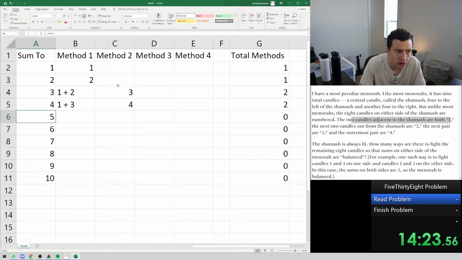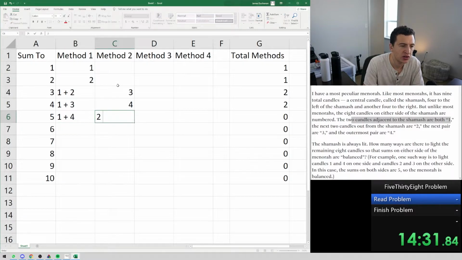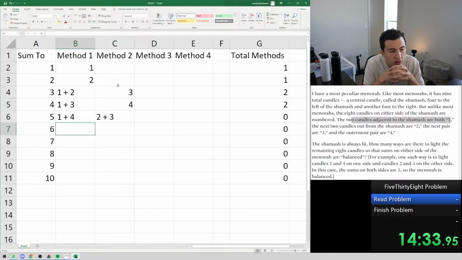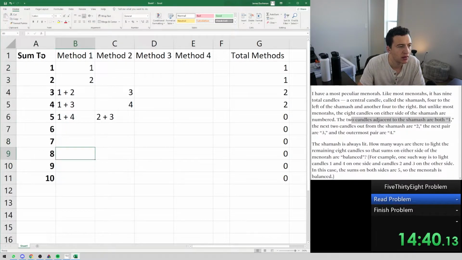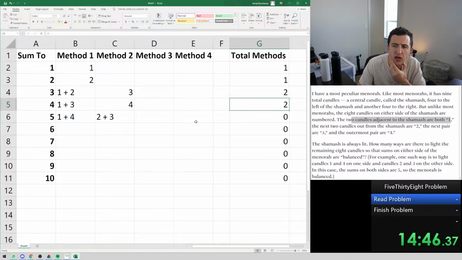For 5, there are 2 methods. Interesting. It's 1 plus 4 and 2 plus 3. I don't think there is another way to do that. If you can think of one, let me know, but I am pretty sure that's it.